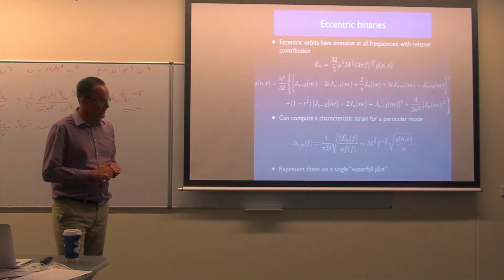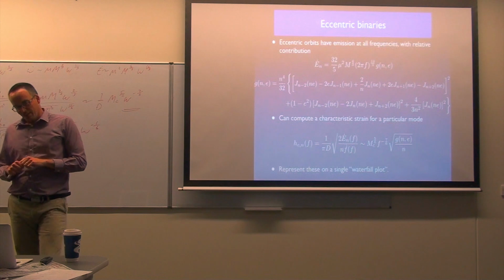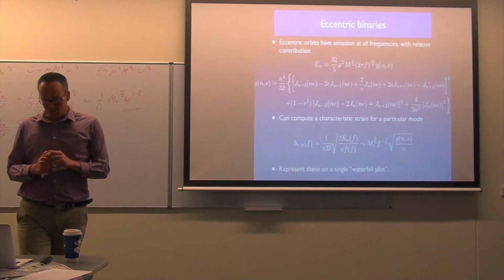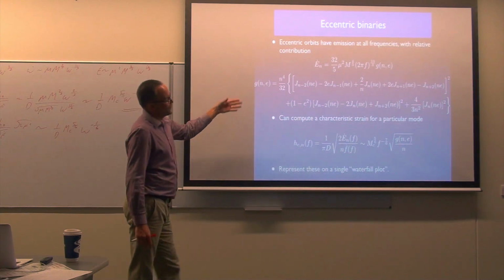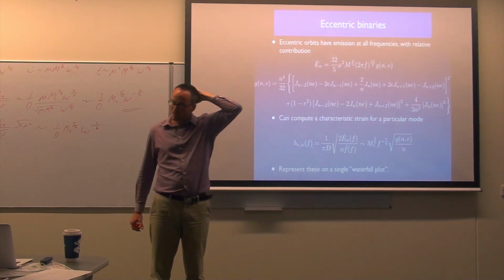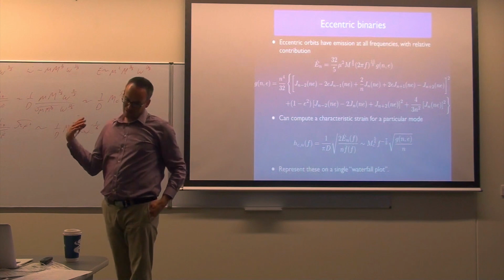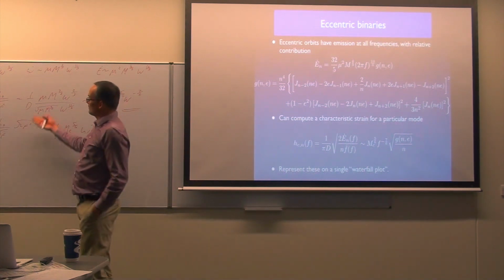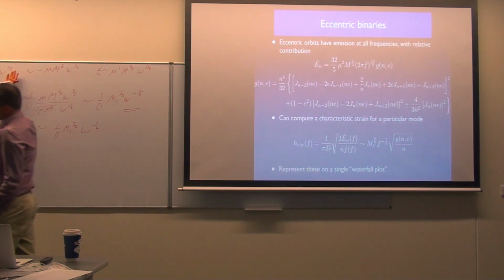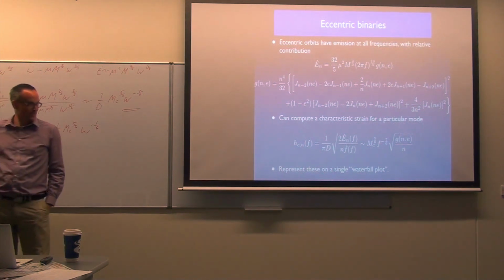Okay, so I'm going to discuss a couple more things before we finish. First thing are eccentric binaries. For a binary on an eccentric orbit, you can solve the Kepler problem with eccentricity as well.